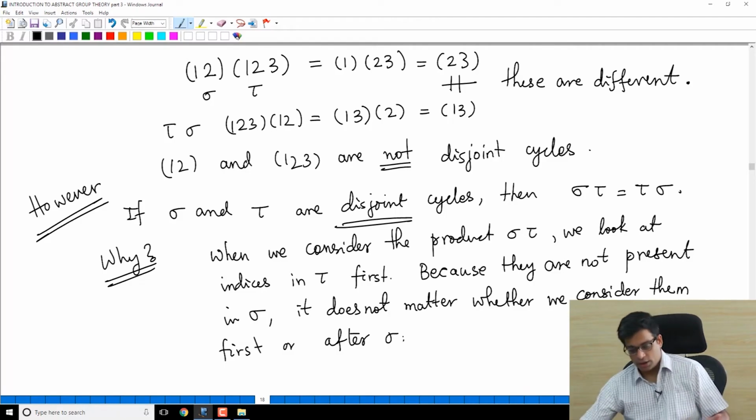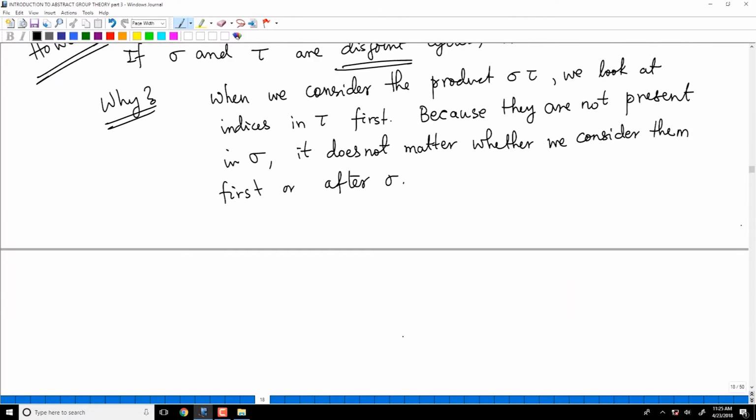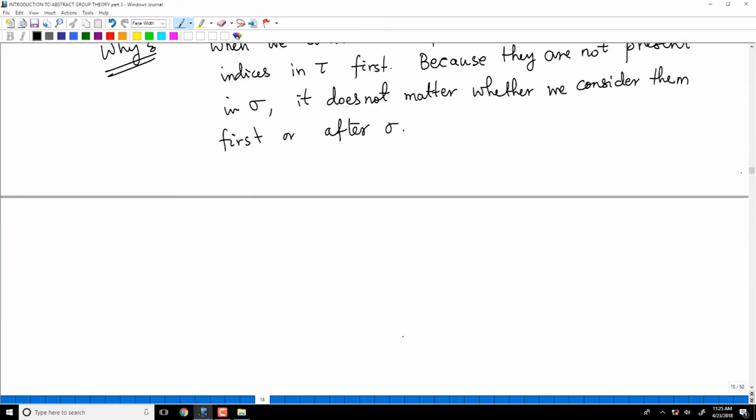Okay, so this is just something that hopefully is very clear. I am trying to write it. It may not be necessary, but let's just illustrate this. For example, if you have (1 2) and (3 4), this is sigma and this is tau. Look at the indices in tau. 3 is the first index, 3 goes to 4, right? But 4 is not present in (1 2). So 3 goes to 4 under the product also.